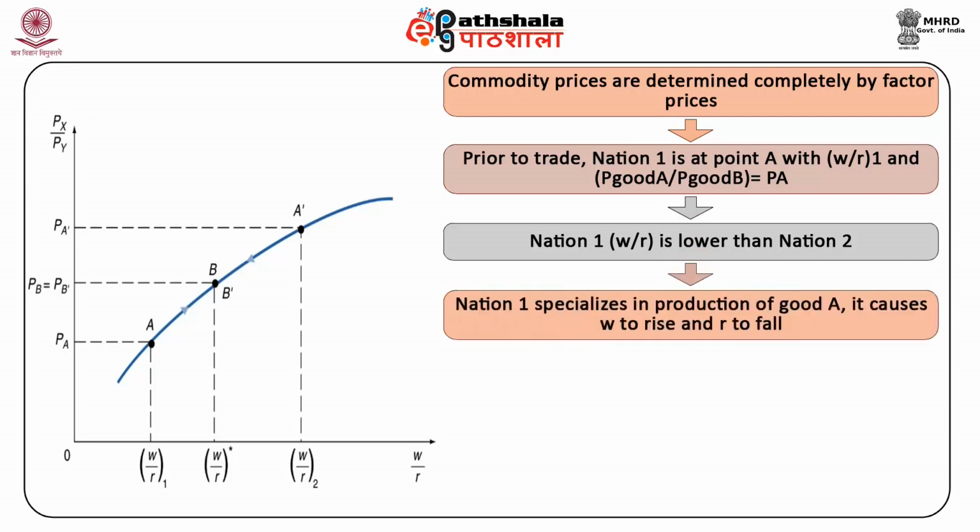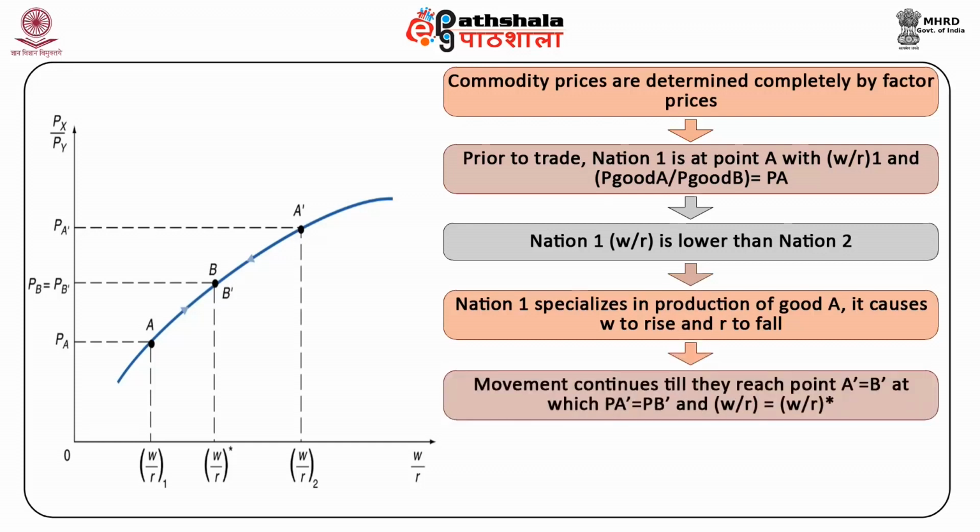As nation 1 specializes in production of good A, it causes W to rise and R to fall, causing W by R to rise. On the other hand, simultaneously in nation 2, the specialization in good B will cause R to rise and W to fall, causing R upon W to rise, or W upon R to fall.